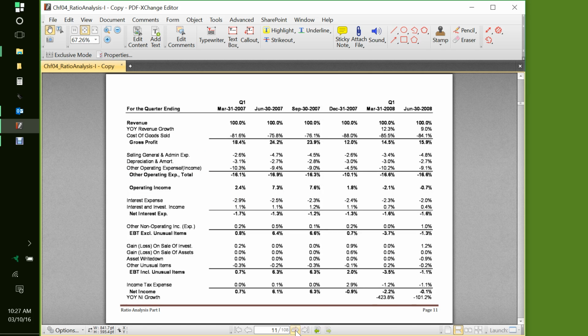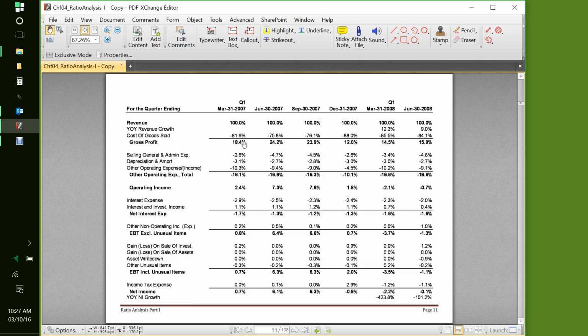And we wind up with this. And this is really nice because it's helping us to understand now how, as a percent of sales over time, things might be changing, okay?